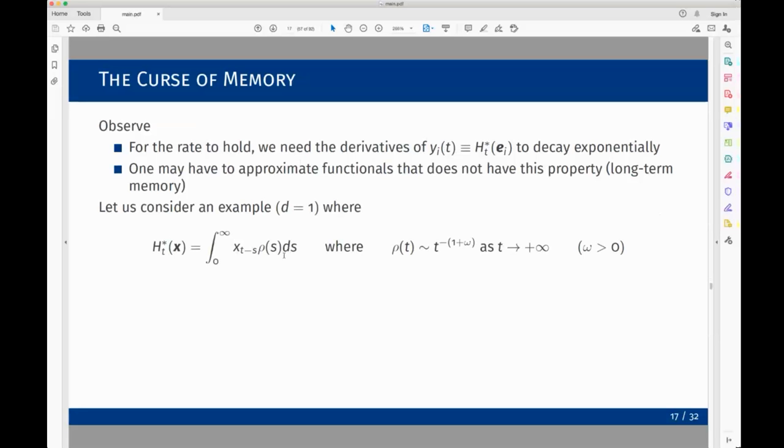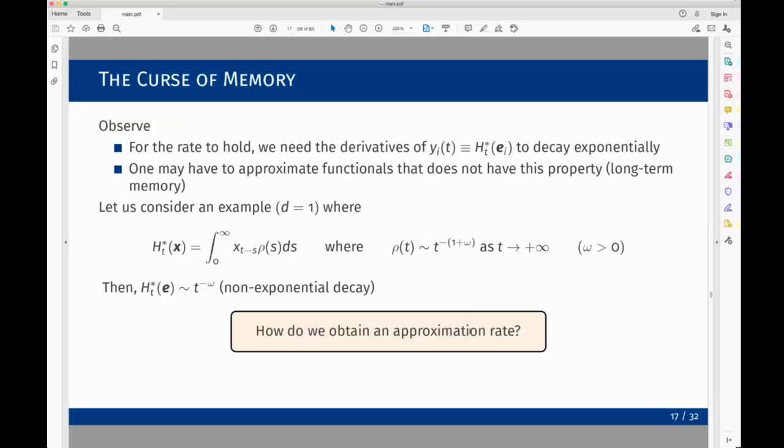We have H_t star specified by the integral of the input signal with a density rho s. Here rho s is on the order of t to the power of minus 1 plus omega. So the whole thing is still integrable, but as omega approaches 0, the memory becomes larger and larger. In this sense, our output signal has the order of t to the power of minus omega, so it has non-exponential decay.